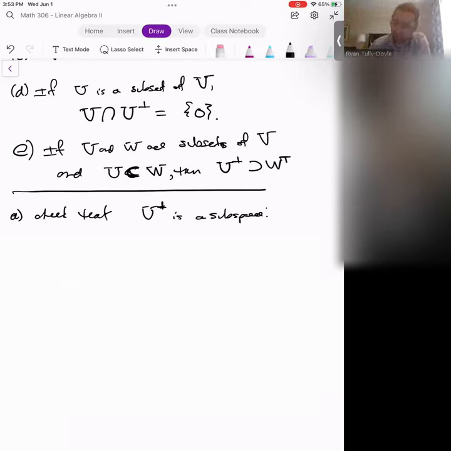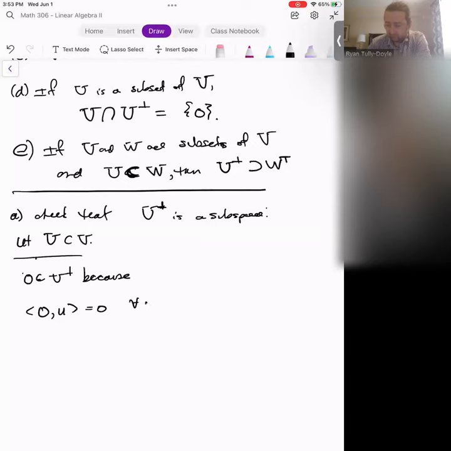Perfect. Okay. So let's let U be a subset of V. Well, I guess the first thing is we're going to show that 0 is in U perp, right? So A. 0 is in U perp because the inner product of 0 with u is equal to 0 for all u in U, which is exactly the condition to belong to the orthogonal complement.